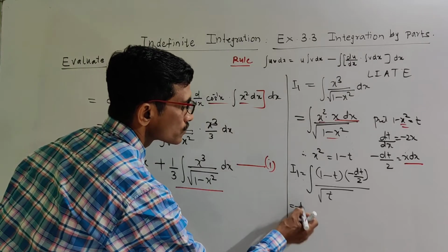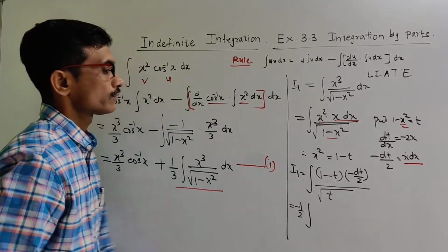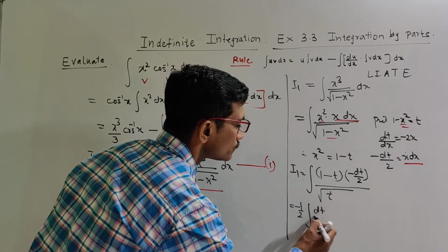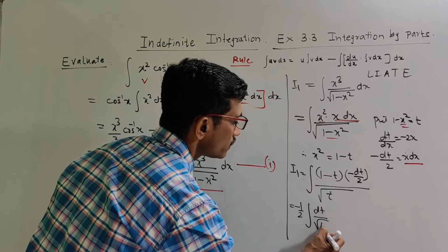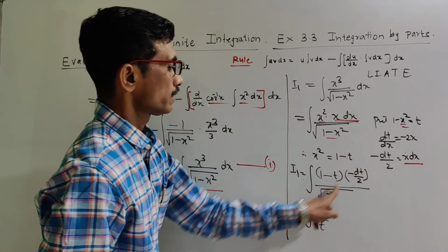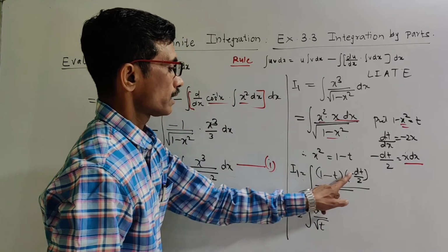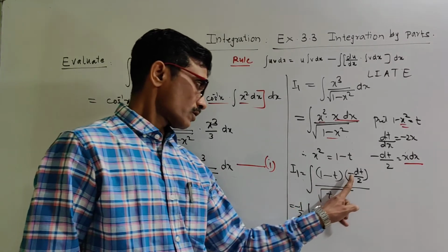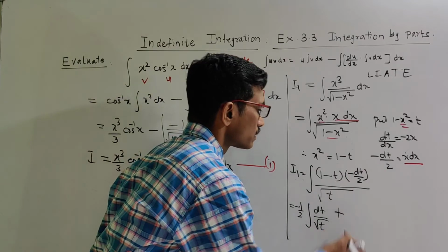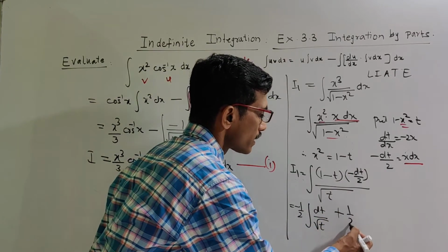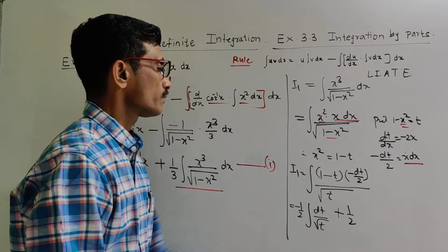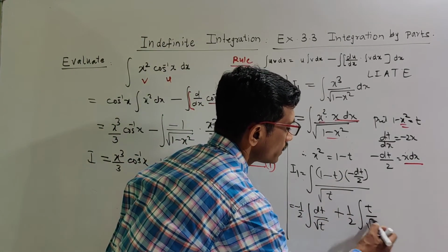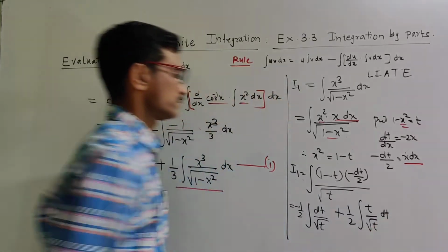So minus 1 upon 2 integral of dt upon root t, and this minus 1 upon 2 we write outside. Minus of minus will be plus 1 by 2 integral of t upon root t dt.